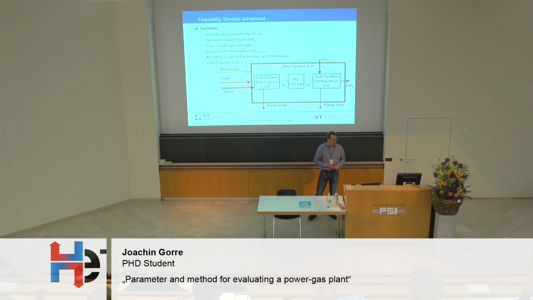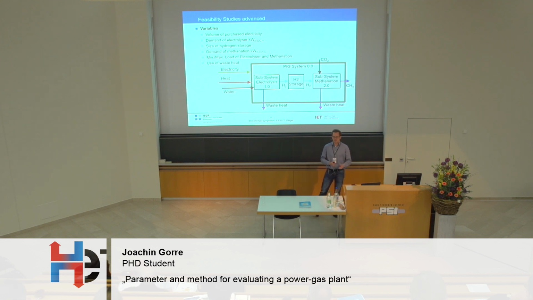For example, you can look at the volume of purchased electricity. You can divide the power-to-gas system into the subsystem electrolyzer, store the hydrogen in a storage, and then you have the methanation unit. So the demand of the electrolyzer and the demand of the methanation can be different, and depend on the location or the volume of purchased electricity.